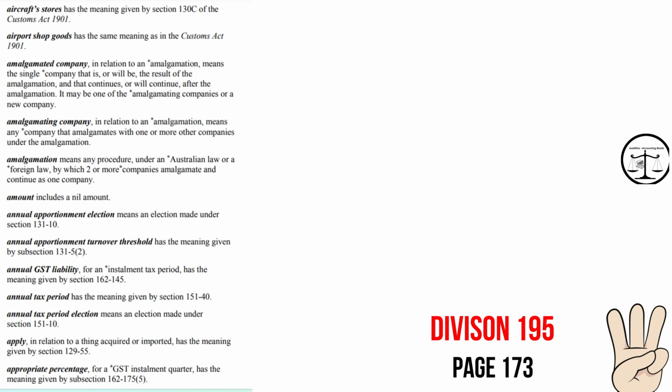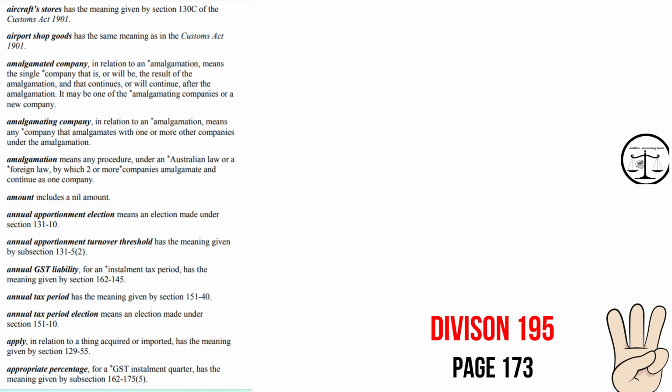Page 173. 18. Aircraft stores. 19. Airport shop goods. 20. Amalgamated company. 21. Amalgamating company. 22. Amalgamation. 23. Amount. 24.